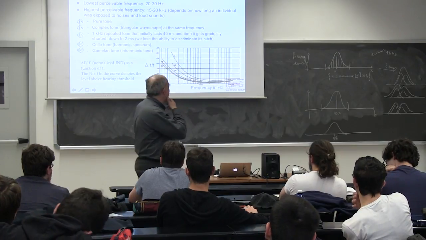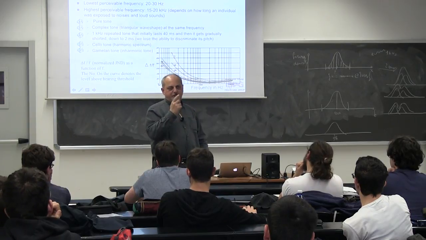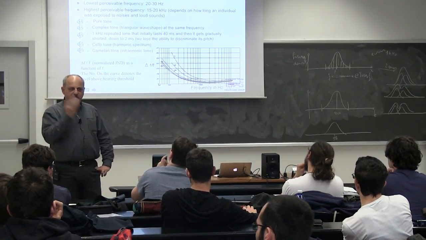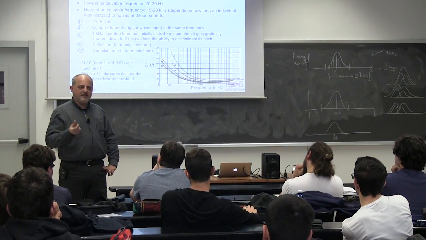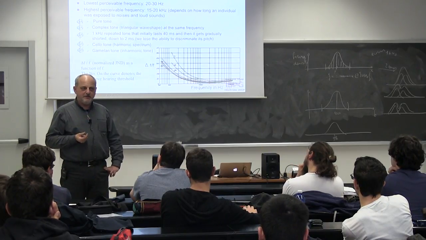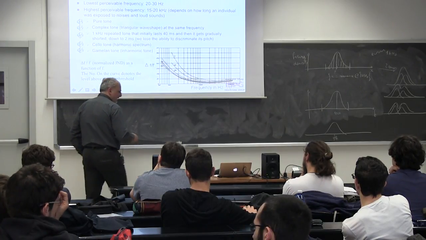It has a 1 kilohertz burst that lasts about 40 milliseconds initially. It's a train of bursts, and it will shorten progressively until it reaches a duration of 2 milliseconds. And then I will ask you a question, so be prepared. I won't grade you on that.